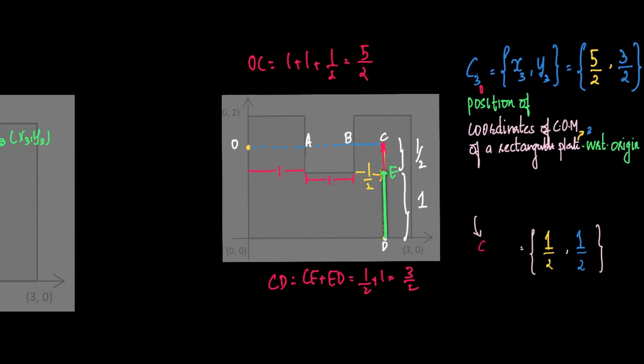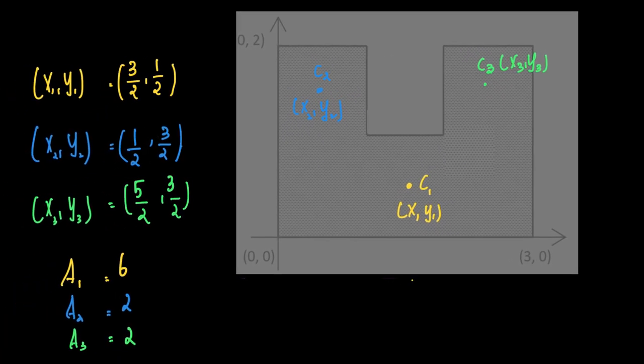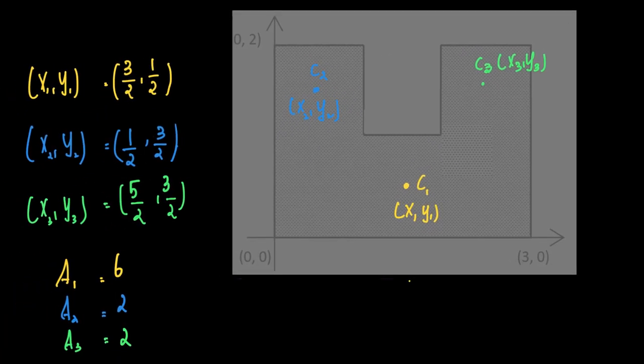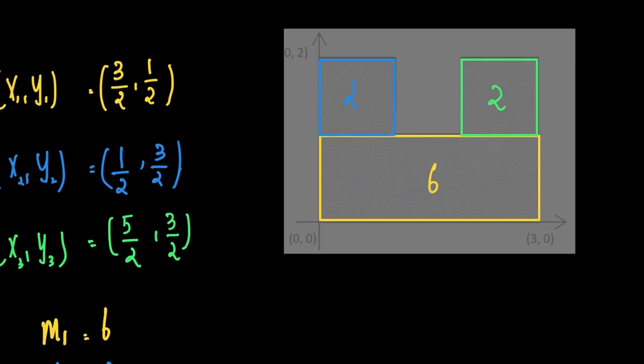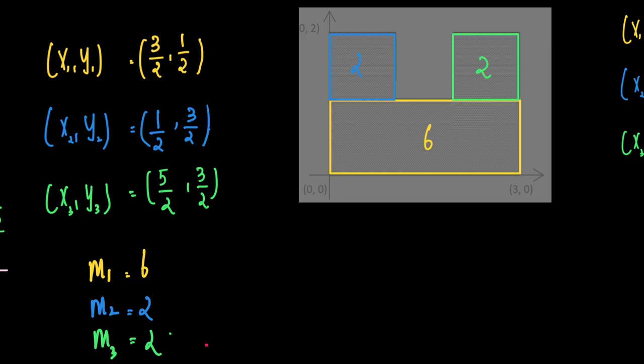Now we have all the given values. Now we have determined all three centers of mass of the individual figures with respect to the origin, which gives us x1, y1, x2, y2, and x3, y3. Now what can we do? Now we can find out the values of the masses of these figures.